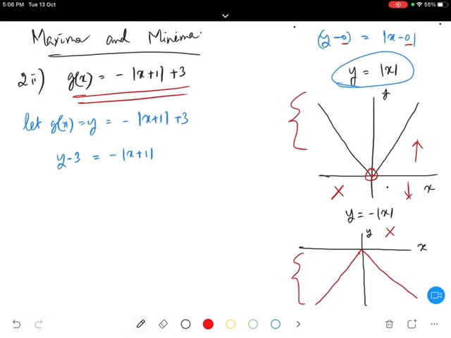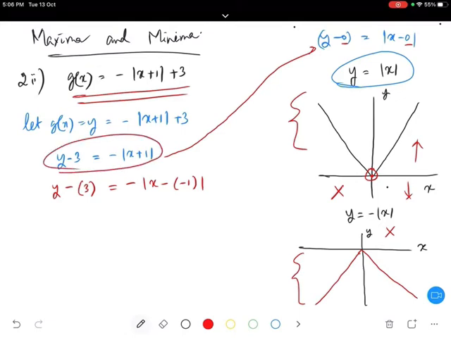So I will write this equation in this form: y minus 3 is equal to minus mod (x minus of minus 1). I have written the equation in that form.